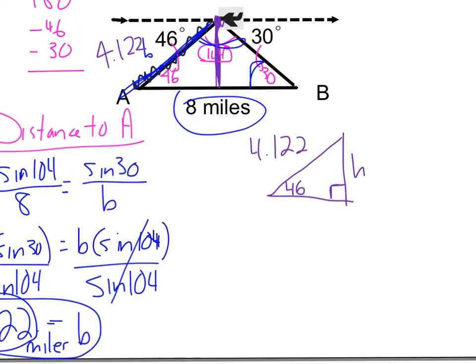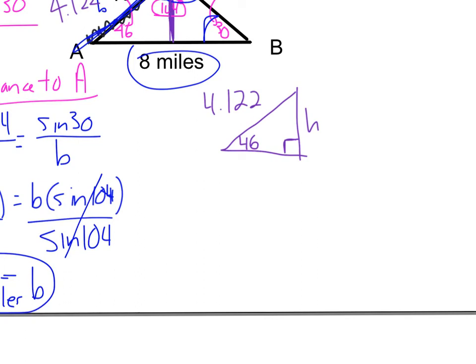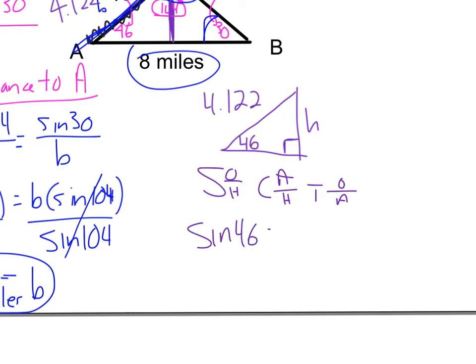So now this is just old school SOHCAHTOA stuff. All right, so I'm just going to take the sine of 46. That's going to be equal to h over 4.122. And I'm just going to multiply both sides by that.